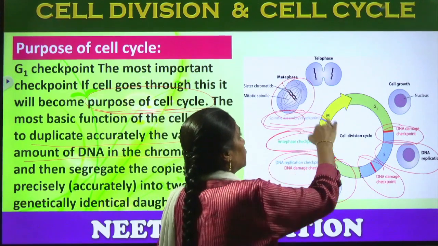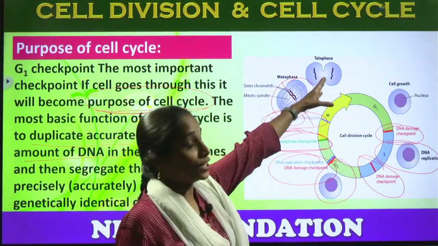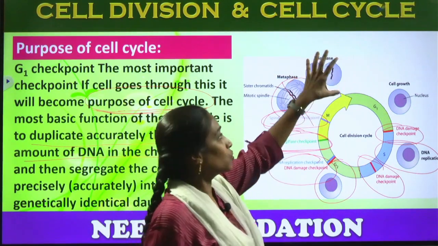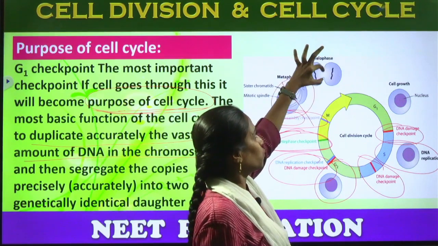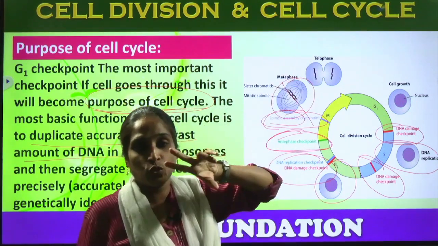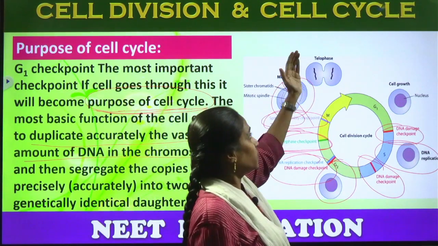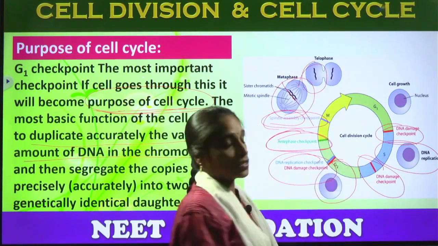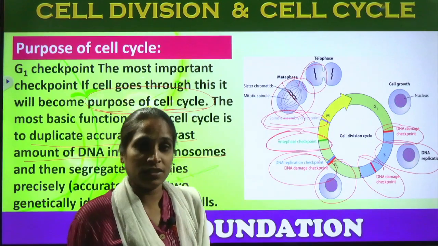Here we can observe the equatorial plate, and in the telophase we can observe the equal distribution. Okay, so after cytokinesis, two daughter cells will be formed from the single one. Here this daughter cell again undergoes the interphase, prophase, metaphase, anaphase and the telophase.